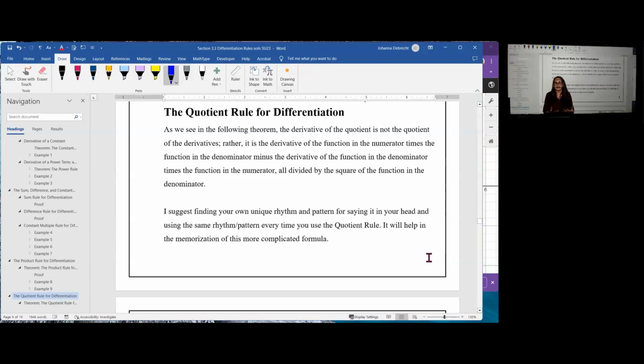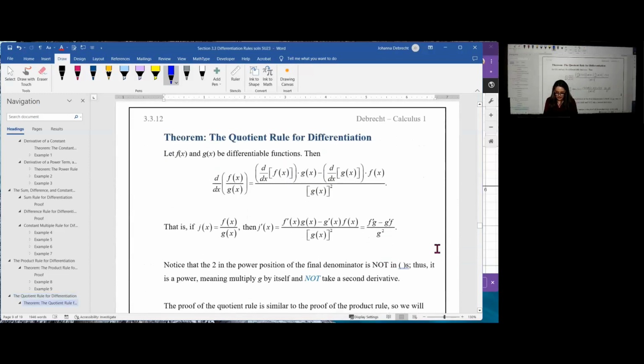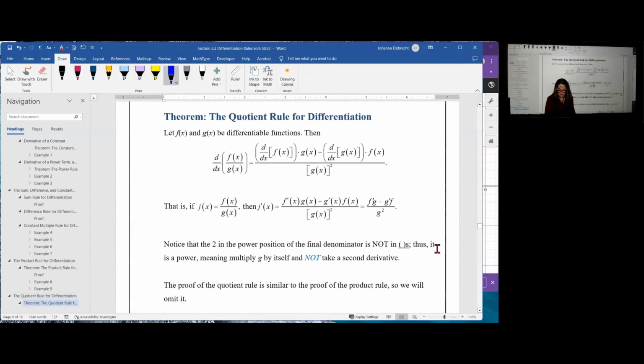When I first memorized it, I memorized it as the bottom times the derivative of the top minus the top times the derivative of the bottom over the bottom squared. That works for me, and it just rolls off my tongue. You might find that you want to use a different pattern, whichever one works. That is, in fact, the pattern.